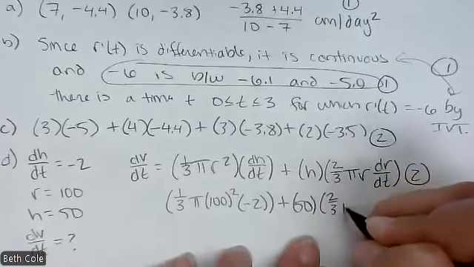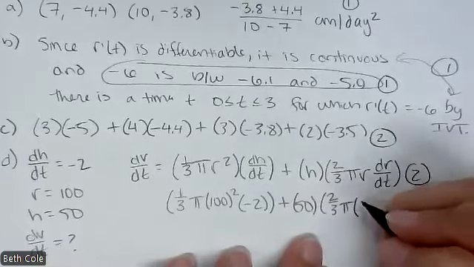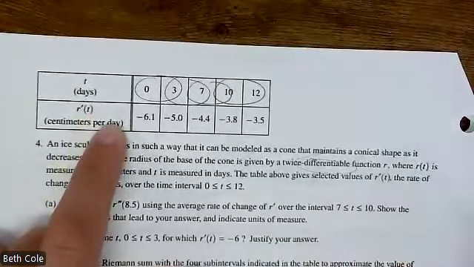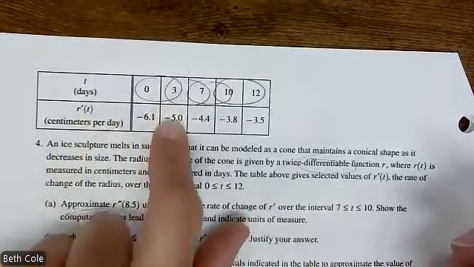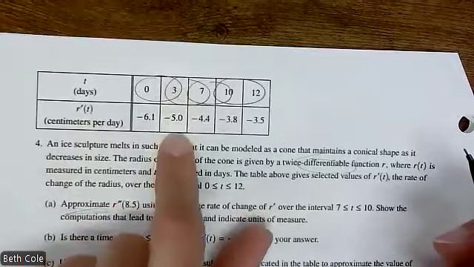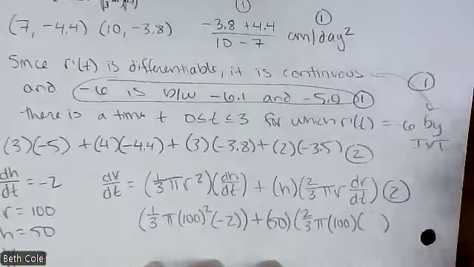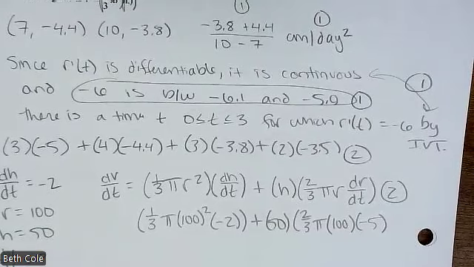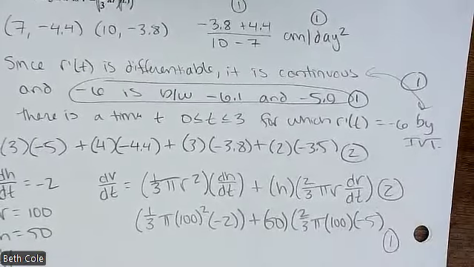Then we got 2/3 pi, r is 100, dr/dt. They did give this to you. Good. dr/dt is r prime, and we want it. Oh, I said we didn't need time 3, but I guess we do need that. At time 3, -5. Did we need units? Did it say include units? Then don't put them. That was worth a point.